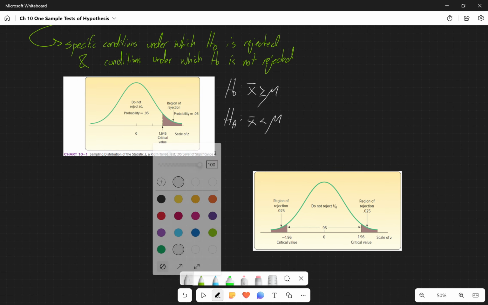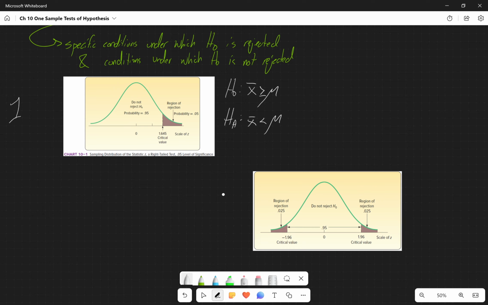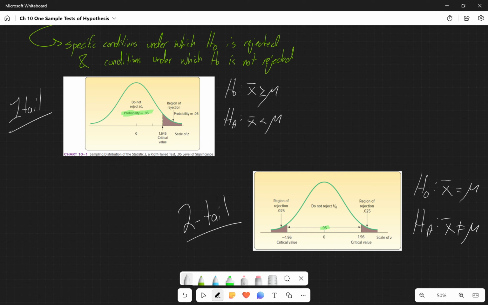So the ones that look a little differently look like this. This is a one-tailed, and this is a two-tail. Both of these are looking at a 95 probability, but one of them has a null hypothesis that is greater than, and the other one has a null hypothesis that is equal to.